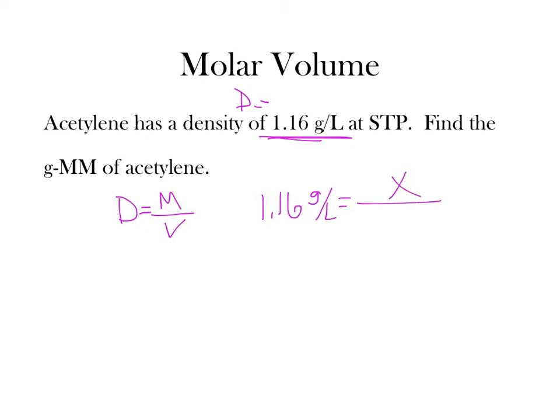I don't know the mass of a mole, but I do know 22.4 liters is the volume of a mole. So I can use density times volume is equal to mass. 1.16 times 22.4 is 26. And notice that my liters will cancel out, so my units are grams per mole, which is the GMM of acetylene.